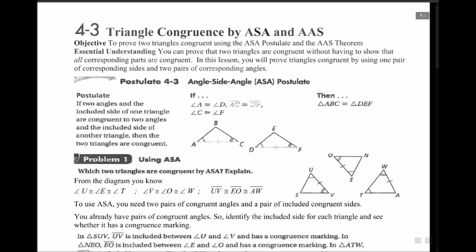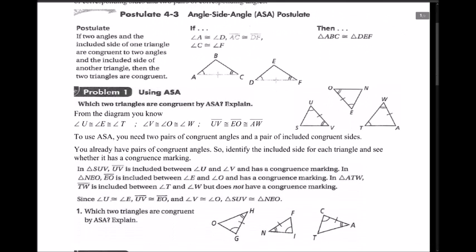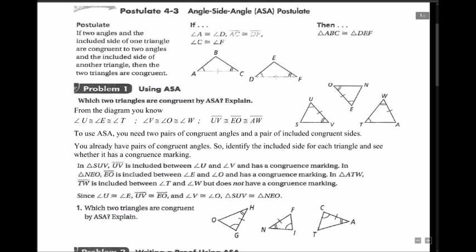So in this lesson, we are going to prove that our triangles are congruent using the angle-side-angle postulate and the angle-angle-side theorem. So let's look at our first one. Angle-side-angle, which is ASA, is going to say that if you have 2 angles, and guess what?